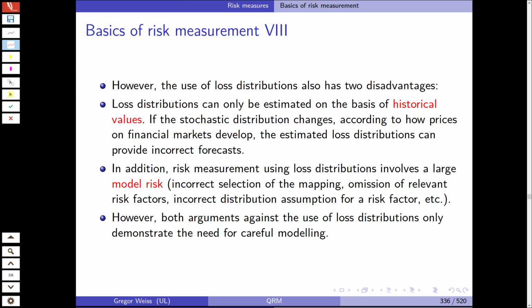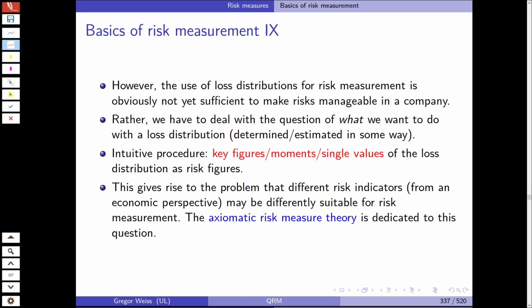So yes, model risk, but you need to take this into account, and you need to think about model risk just like you would think about, for example, historical data. Okay.